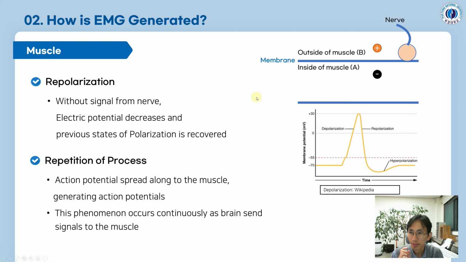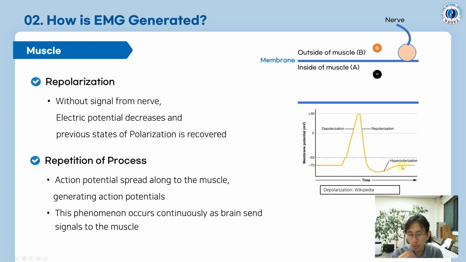Then, without the signal from our nerves, this electric potential starts to decrease and come back to the previous state of polarization, and the electric potential becomes stable once again.